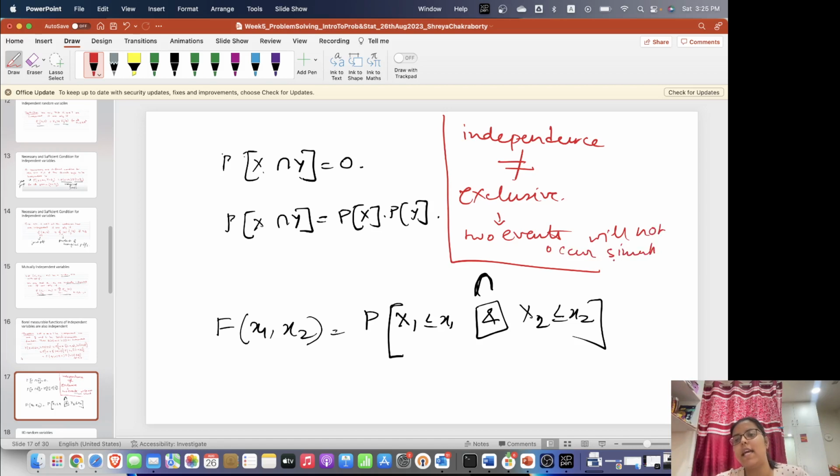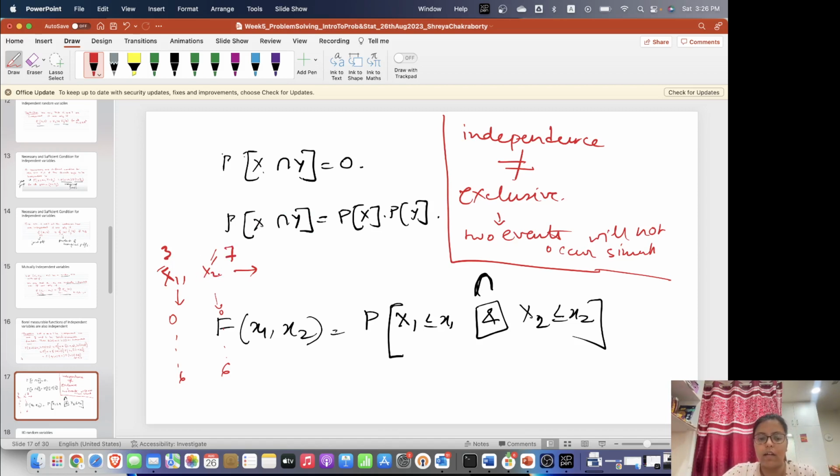So if I throw a pair of dice, let's say, this can range from 1 to 6 and this can also range from 1 to 6 or something like this. If I say the probability that X1 equal to 3 and X2 equal to 7, then that is a mutually exclusive event, because together this will never happen.